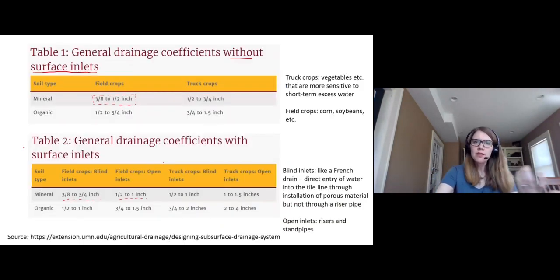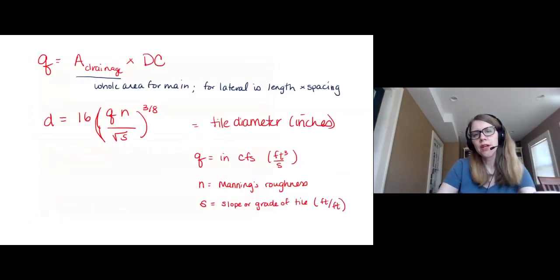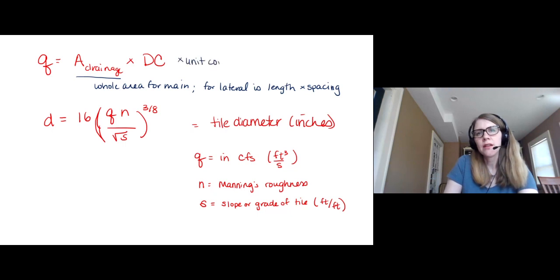Okay, and then we select the drainage coefficient based on what kind of soil type, what kind of crop, and what our surface drainage situation is. And then all that happens there is that we need to do unit conversions, and then this equation.